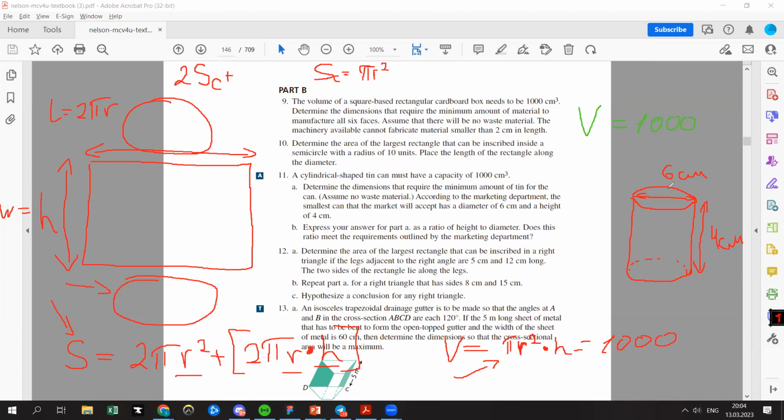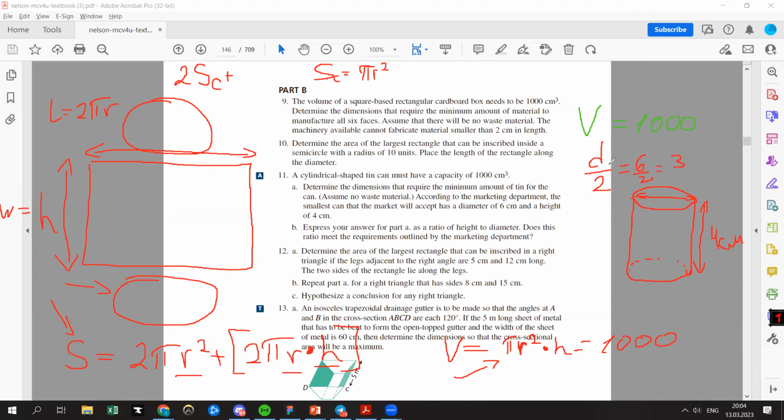Here you also know that the minimum dimensions they will accept are 4 in height and 6 in diameter. But remember, you have radius here. So your radius equals diameter divided in half, or 6 divided in half, which equals 3. So you're going to use 3 in your calculations. Why did we divide it by 2?